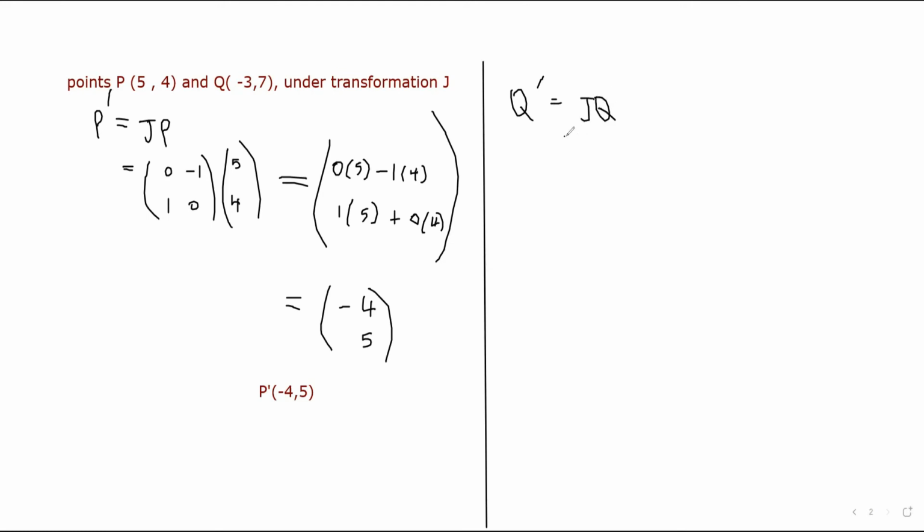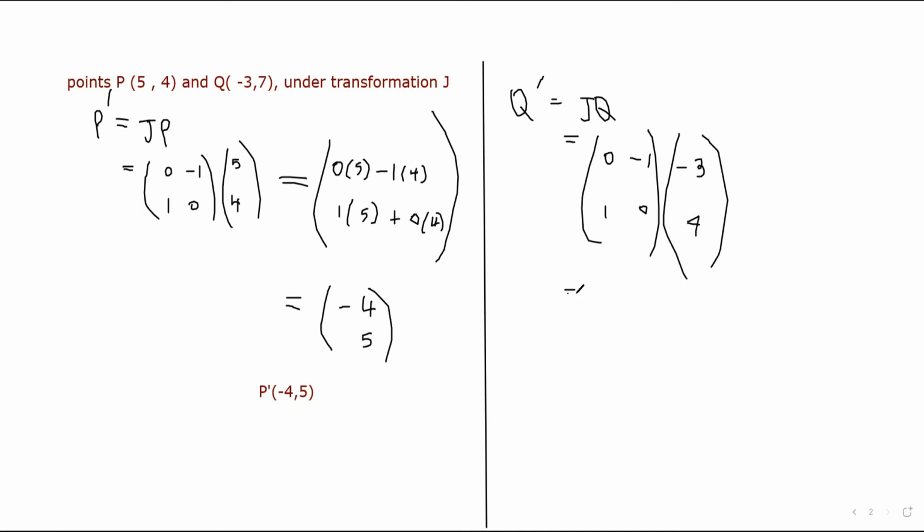So multiply the transformation matrix J, which is 0, -1, 1, 0, by the point Q, and the point Q is -3, 7. So we'll go row by column.